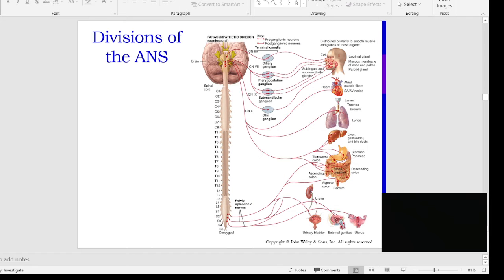In the craniosacral, cranio refers to the face, with the trigeminal and cranial nerve 10, cranial nerves 9 and 10, then cranial nerves 3 and 7. It innervates the lungs, bronchi, liver, and stomach, similar to the thoracolumbar.